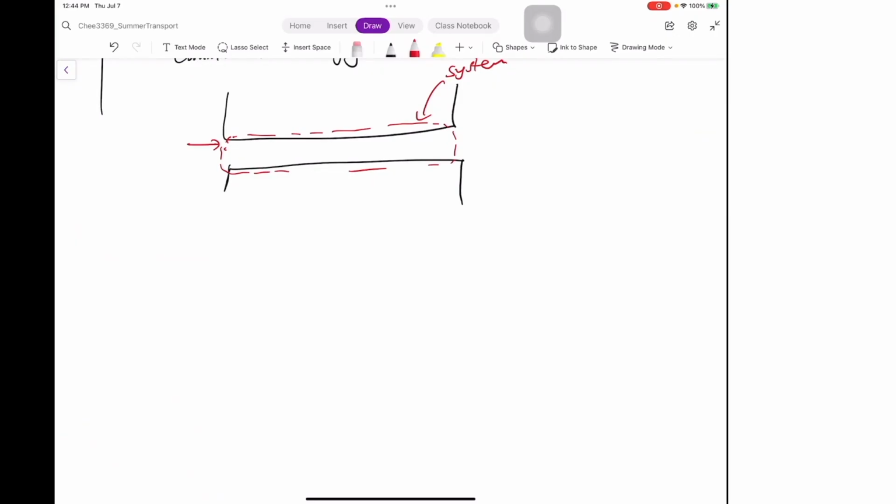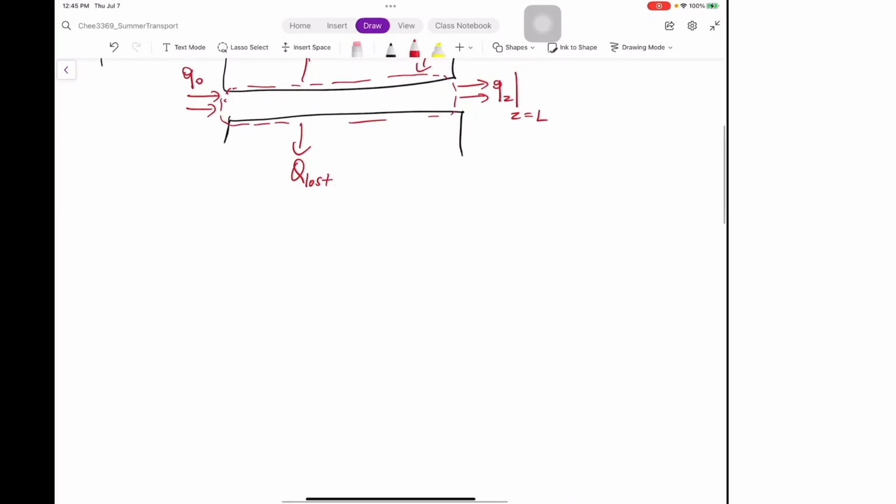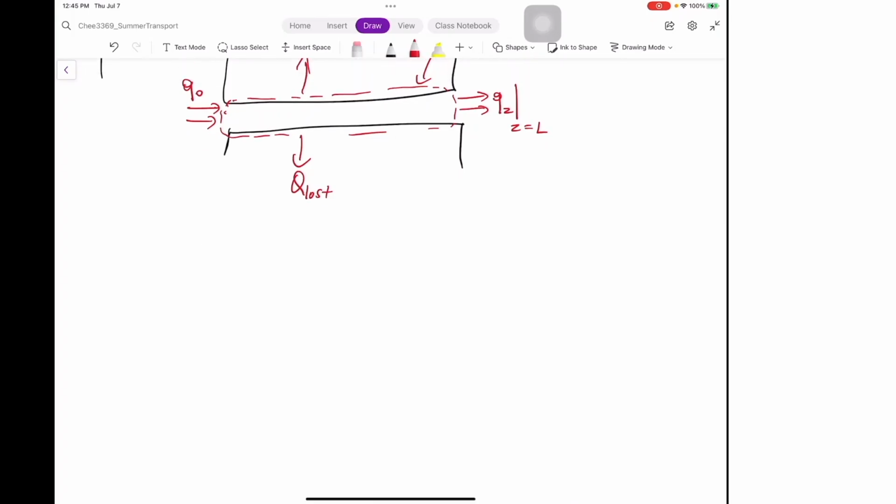This is Q0, my input. This is QZ at Z equal to L. And that's the total Q lost to the surrounding. So I can find the Q loss from the energy balance. In minus out plus generation is accumulation.